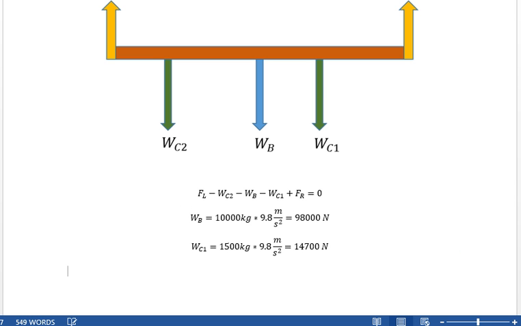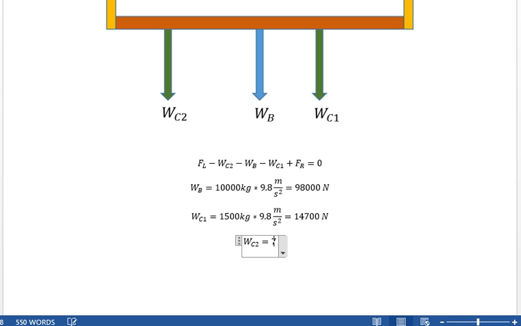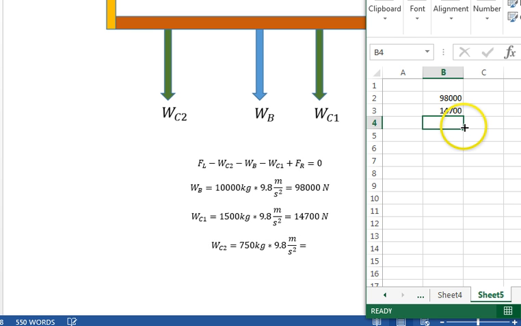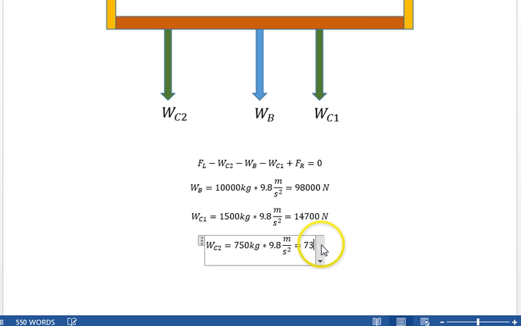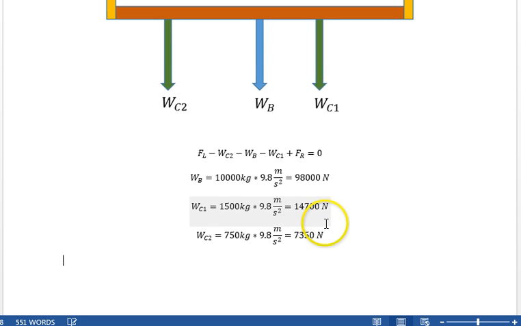And now the weight of car 2, if I remember correctly, is 750 kilograms times 9.8 meters per second squared, which gives us 7,350 newtons.